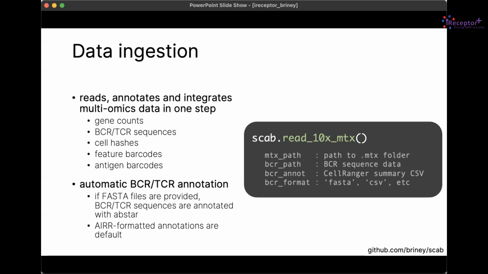You can apply both of them. So if you sequence PBMCs, you can supply your BCR sequences and your TCR sequences, and it'll annotate them all and add them to your gene expression matrix as well.